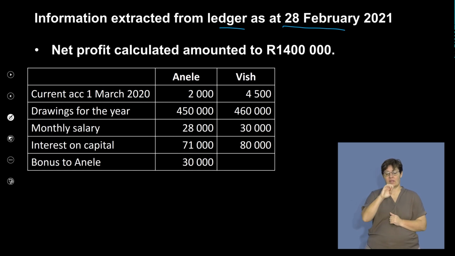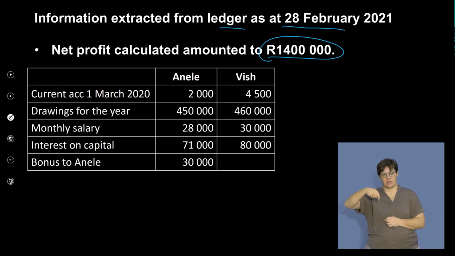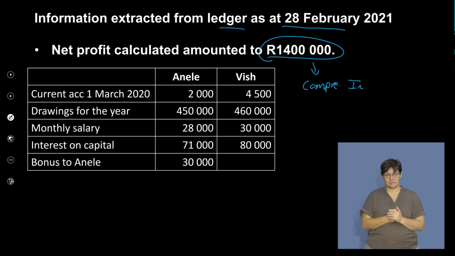Net profit calculated amounted to 1,400,000. Obviously this is coming from your statement of comprehensive income. So the net profit is given to me, I don't have to calculate that. Then I'm given information in terms of current account balances on the 1st of March 2020, so at the beginning of the year.